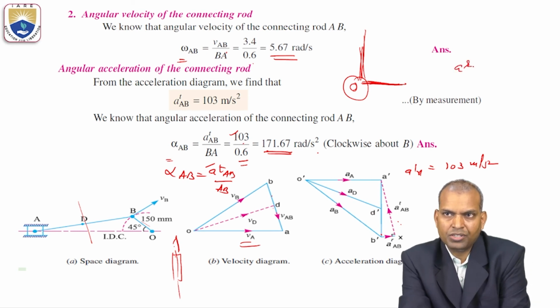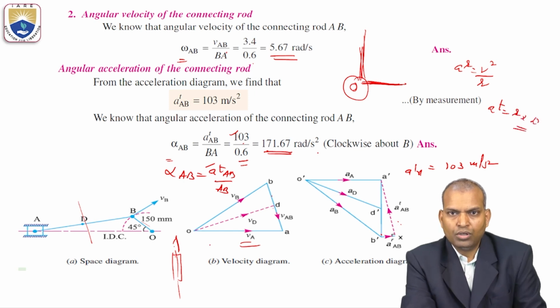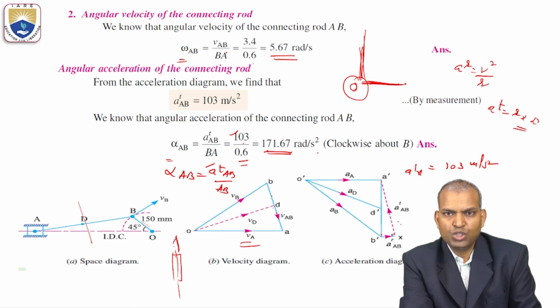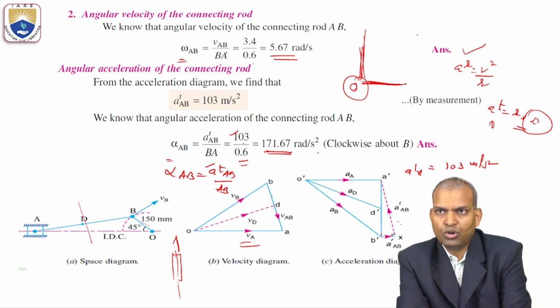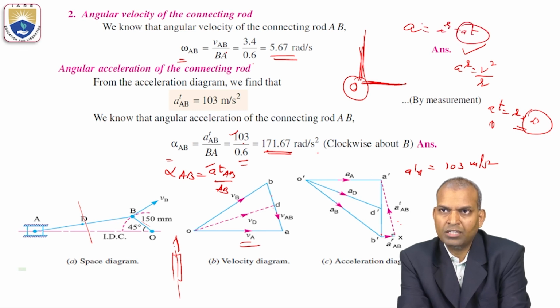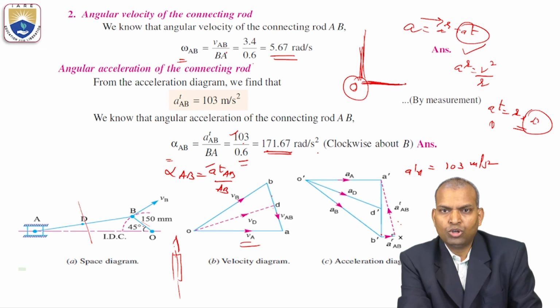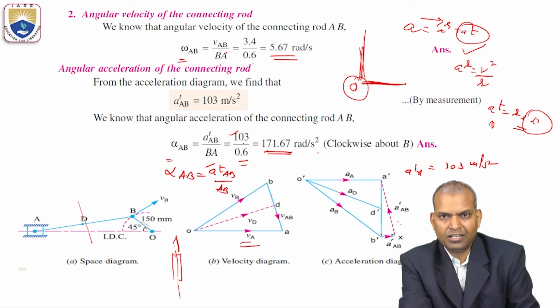The radial acceleration is v square by the length of the link, and the tangential acceleration equals r times alpha. The crank OA is moving with constant angular velocity, that means alpha is 0, so the tangential component AT is 0, and only the radial component remains. Then total acceleration equals AR plus AT, AT is 0, so it becomes only AR. So the total acceleration of the link OB is only radial acceleration.